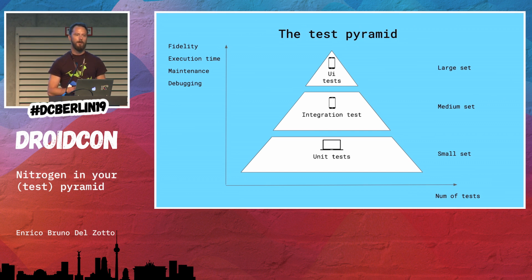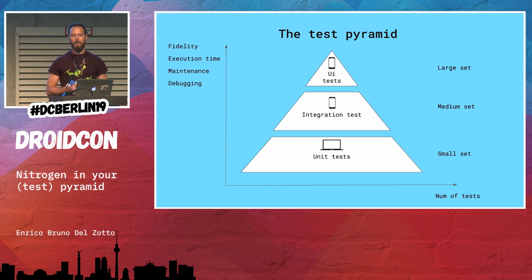We know that we can write tests at different levels. At the low level we find the fastest tests, the normal unit tests, in which we are testing a single unit of the code. At the higher level, we find the integration tests, and finally, the UI tests.